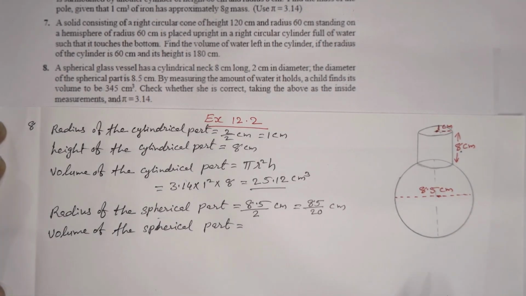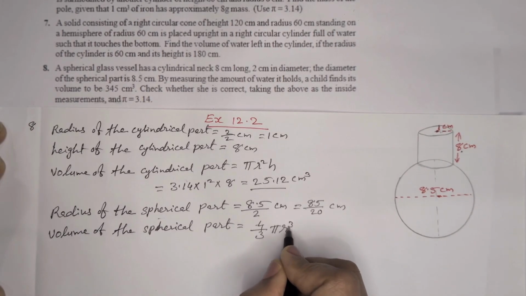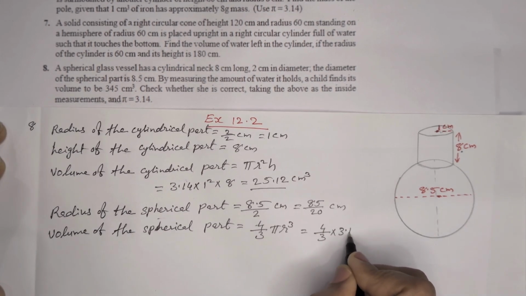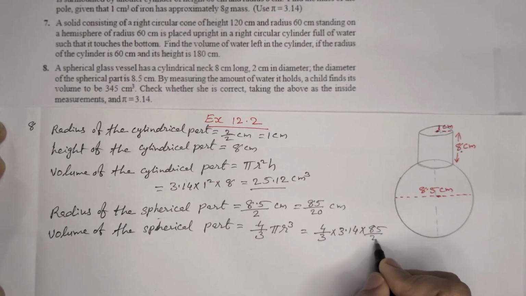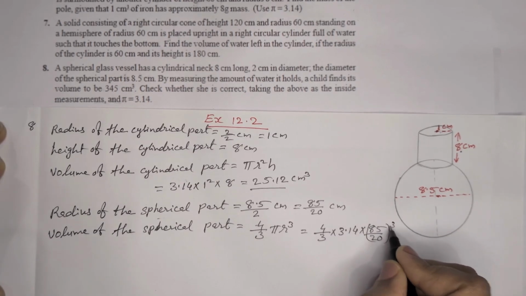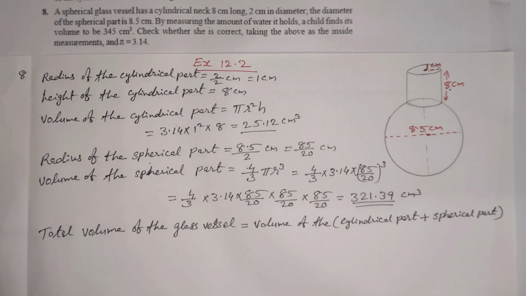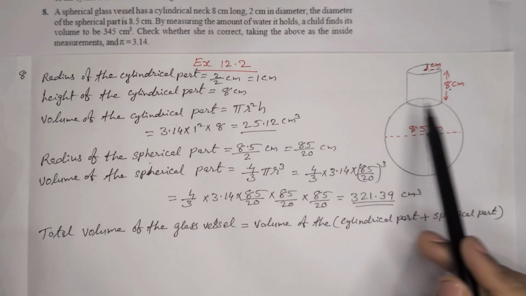Then volume of the spherical part is equal to 4 by 3 pi r cube, which is 4 by 3 into 3.14 into 85 by 20 cube, which is equal to 321.39 centimeter cube.